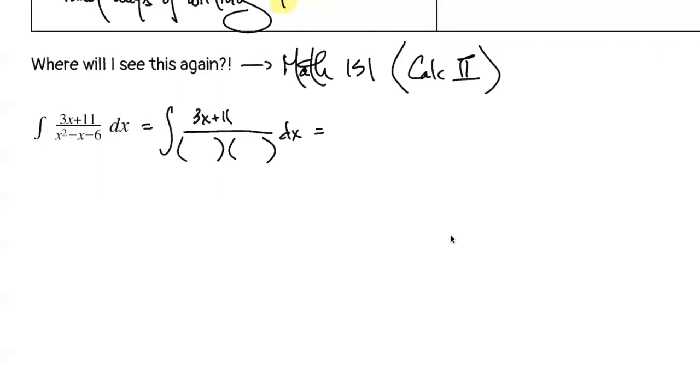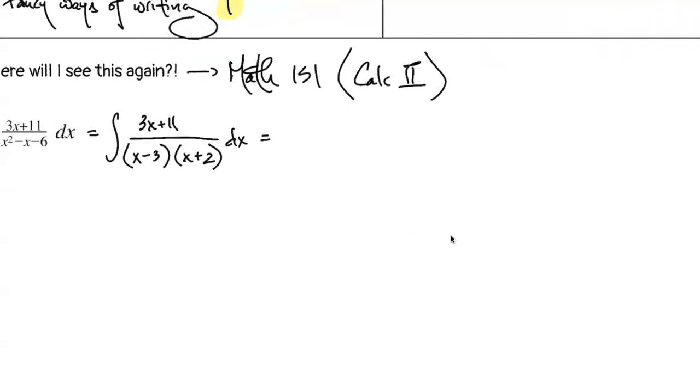So if you were to take a look at all the things that are complicated, but maybe just zoom in on this x squared minus x minus 6, you might notice that you can factor this into x minus 3 and x plus 2, okay? Now, the reason why we want to do this is because in order to solve this problem, it might be easier if we could write it as one fraction plus another fraction. Okay.